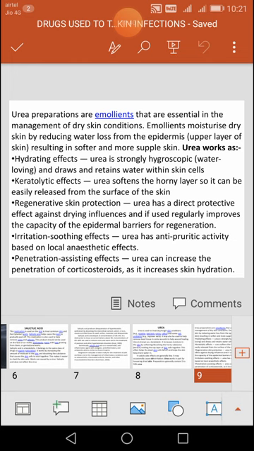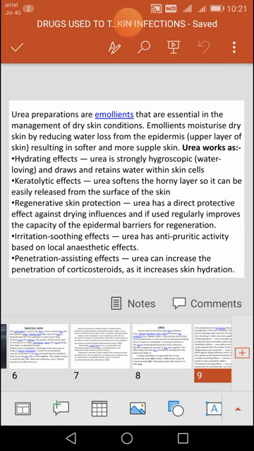Then how it acts as keratolytic: urea softens the horny layers, we already read about that. And regenerative skin protection, that is, urea has a direct protective effect against drying influences, and if used regularly improves the capacity of the epidermal barrier for regeneration.